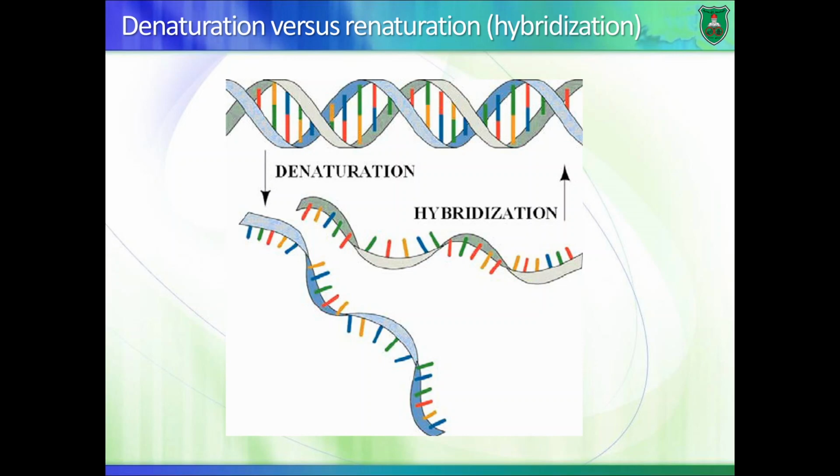Okay, so this is the concept of renaturation. Well, hybridization means that it's a hybrid, so we create a hybrid molecule. What does hybrid mean? It means a molecule that is made of two different strands.